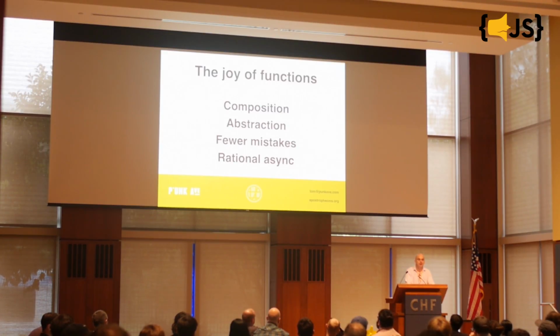People spend a lot of time writing for loops that just iterate over things and making mistakes doing that. That's insane. No one should do that. That's one of the fundamental wins of functional programming, except for certain patterns in JavaScript that almost take it away from you. And finally, I mean that functions allow us to deal with asynchronous situations in a somewhat rational way.